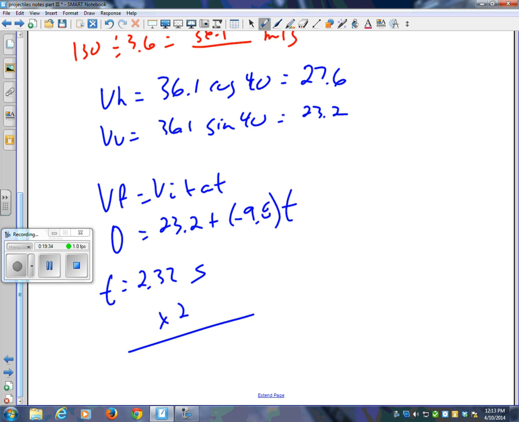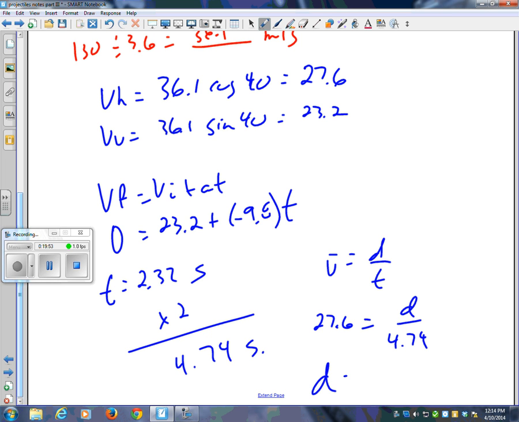Multiply that by 2 because there's up and down. That's going to be 4.74, right? And then V bar is equal to D over T. The horizontal is 27.6. The time is 4.74.